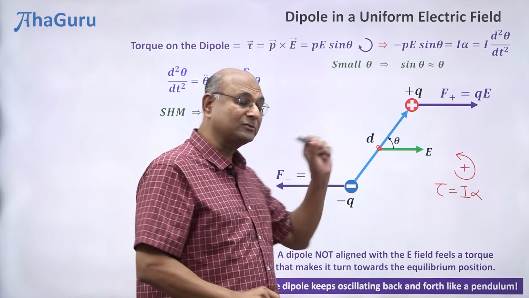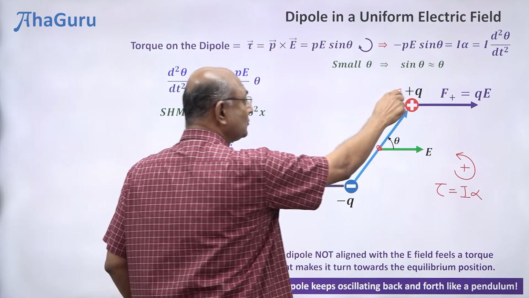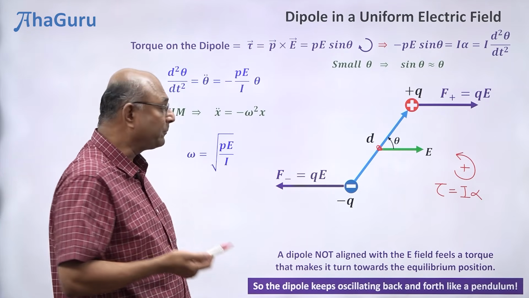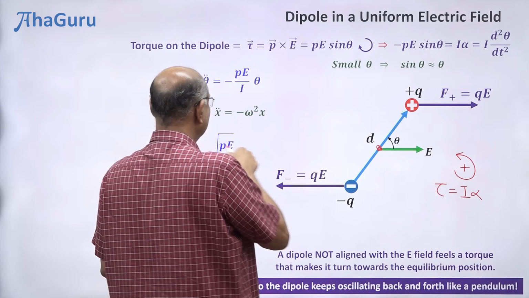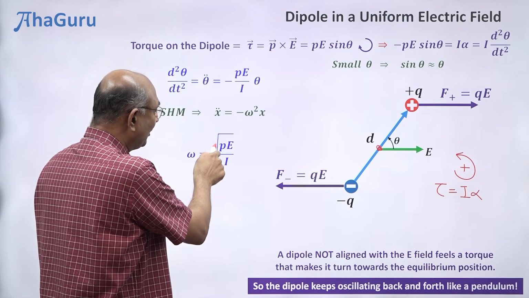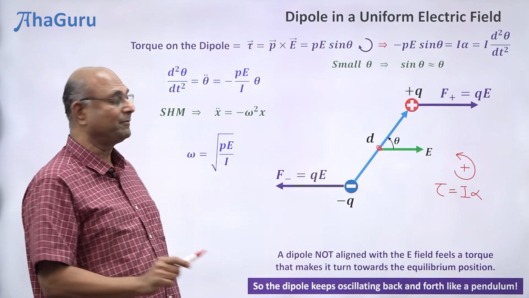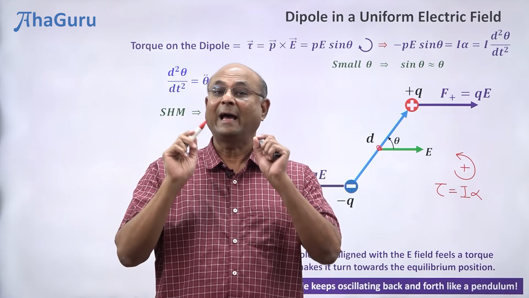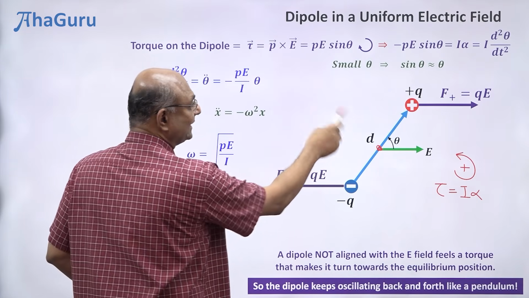All that we will do when we actually get to the problem. The point is you can find the moment of inertia I. And you know how the dipole moment can be found, right? Q into D. So dipole moment into E divided by moment of inertia, root of that, that is going to be omega, which is the angular frequency of oscillation.